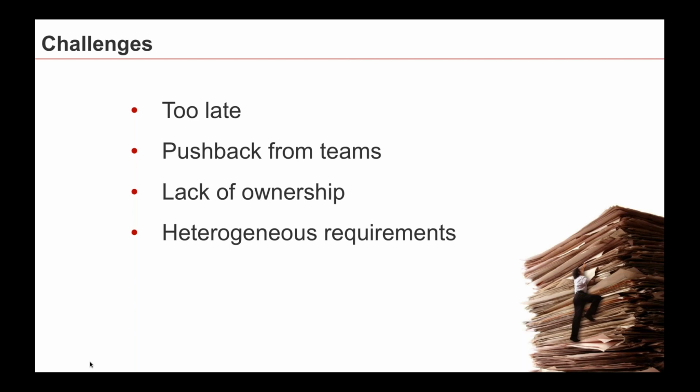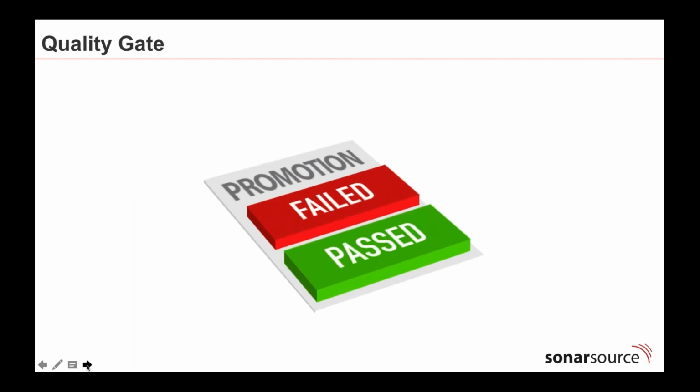So next slide, please. All in all, it makes it very, very difficult in any organization to have a quality gate in place. A quality gate being a list of criteria such that if you pass, you can ship your application to production. If you don't pass, you cannot ship your application to production.